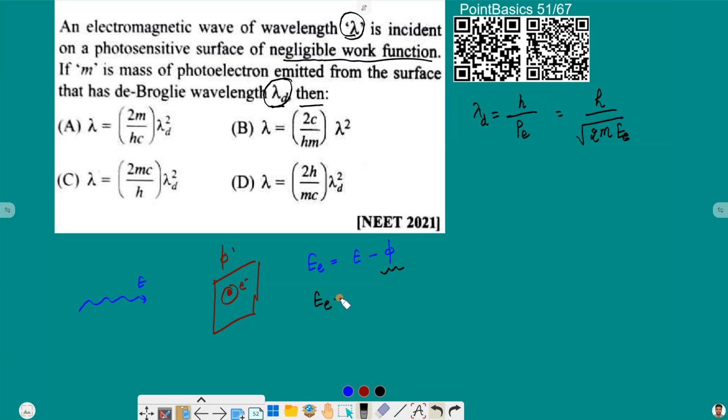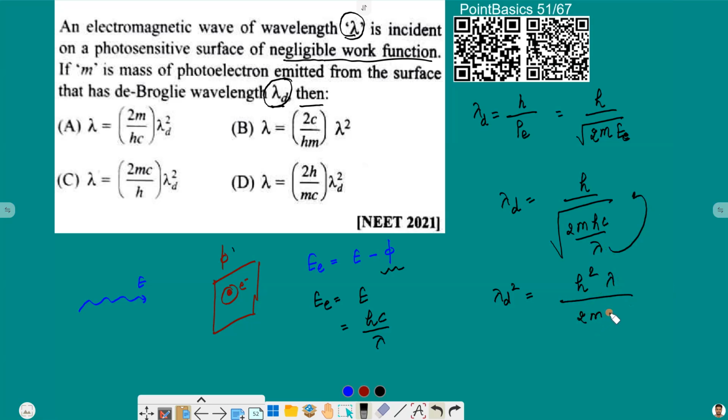So basically the energy of the electron will be equal to the energy of the photon, which is hc by lambda. So I can substitute E as hc by lambda. So lambda d is equal to h by under root 2m hc by lambda. Now square both sides: lambda d square is equal to h square into lambda, which goes on top after squaring, divided by 2mhc.